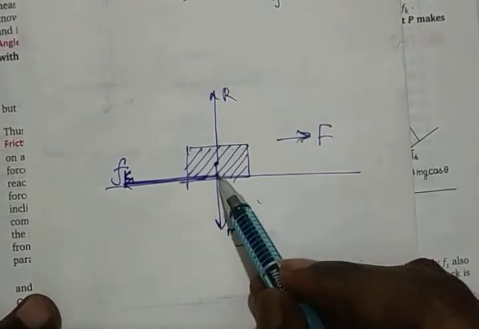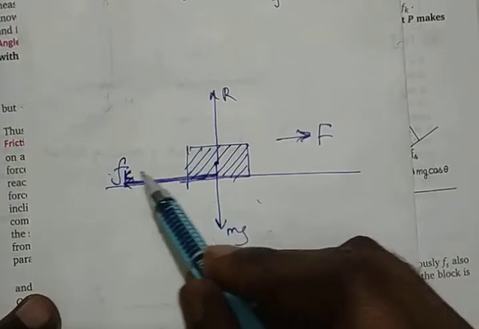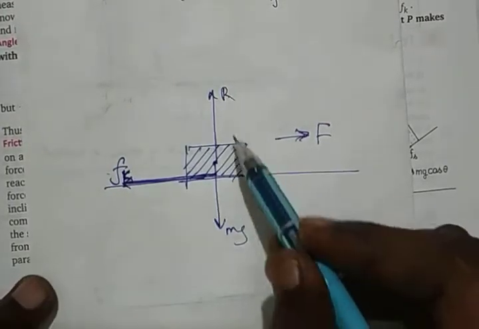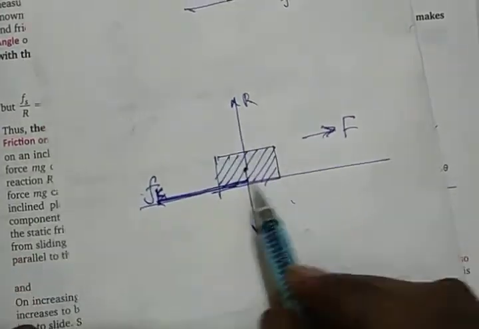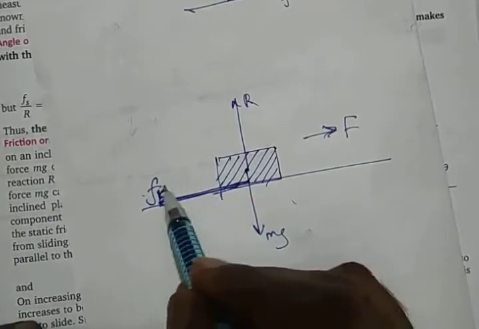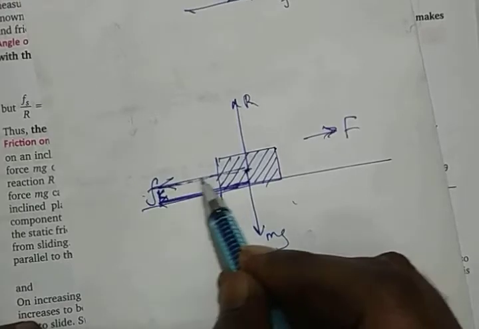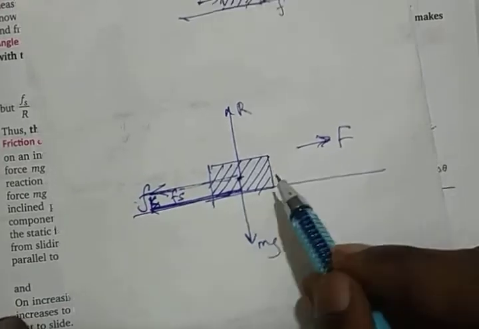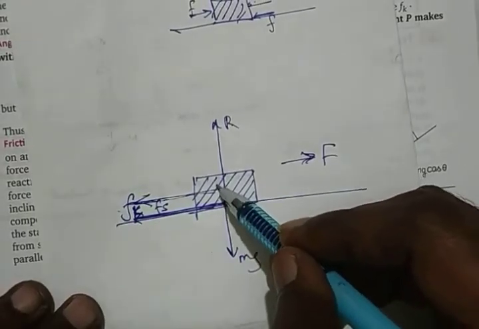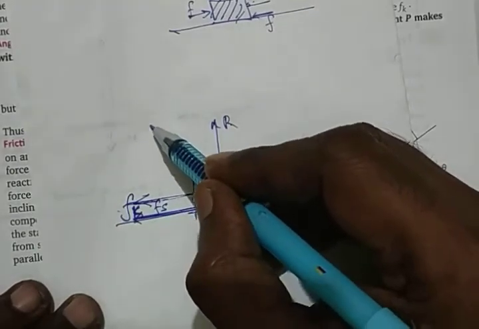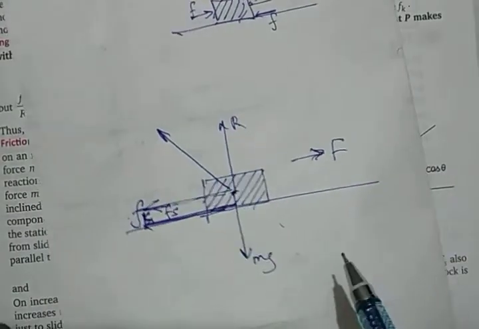In between, I can draw a line like this. A resultant could be taken here.